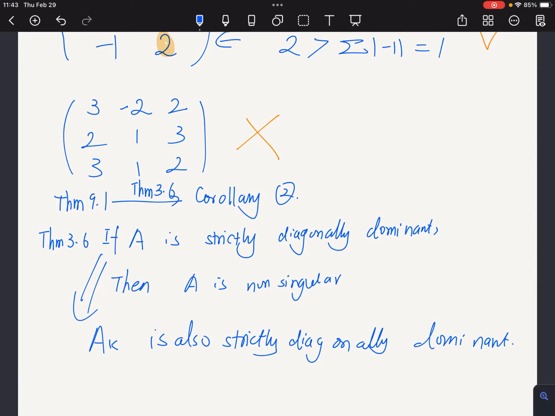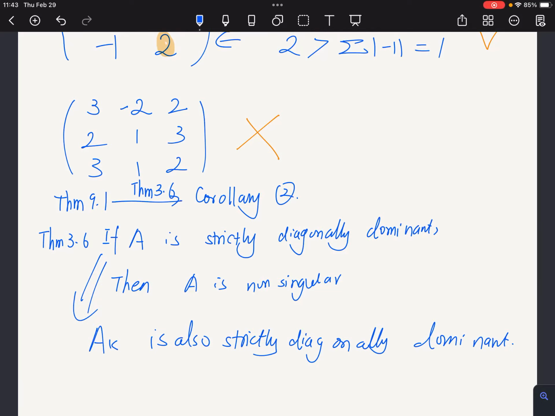So this satisfies the criterion of theorem 9.1. So we have such a corollary here with the help of the theorem we mentioned before in the textbook. And those are the two situations we have here.